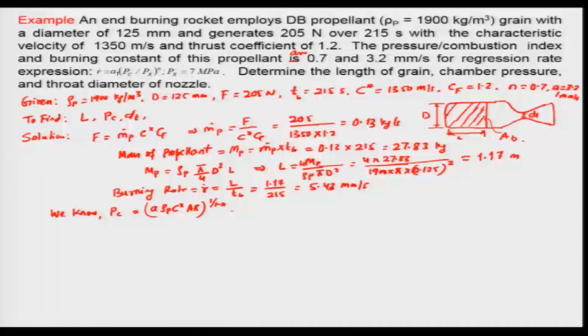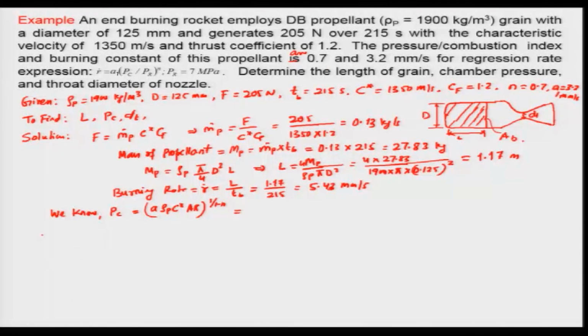And keep in mind that here we are assuming that rho g is too small, therefore, we are using rho p. And we need to find out A, and then rho p is known and C star is known, and the area ratio we need to also find out, and we should also find out what is Pc.